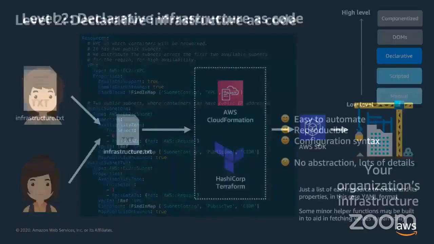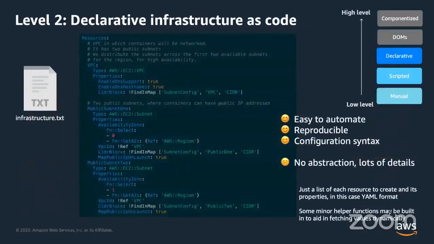This was good because now you could have a reproducible .json or .yaml file that you can run, create, update, and also use to delete resources in your AWS environment. So it's easier to automate, helps you reproduce, and there's a lot of configuration syntax that you can follow. But it still had no abstraction.